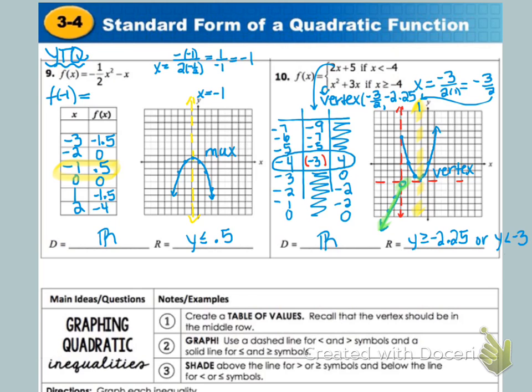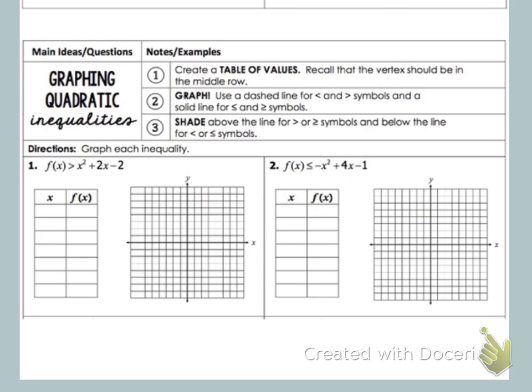So to wrap up this lesson on graphing standard form quadratic functions, we're going to look at graphing quadratic inequalities. So as our typical routine has gone, when we graph inequalities, we basically just graph the boundary, in this case a curve, any way that we decide to, whether it be making a table or finding the vertex and the y-intercept and its reflection.